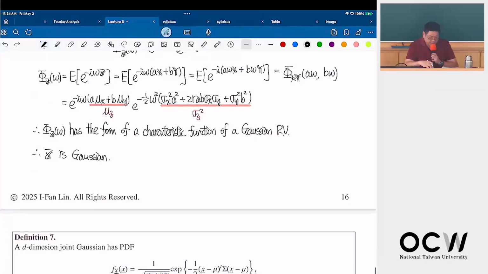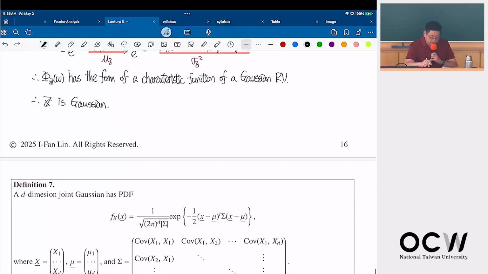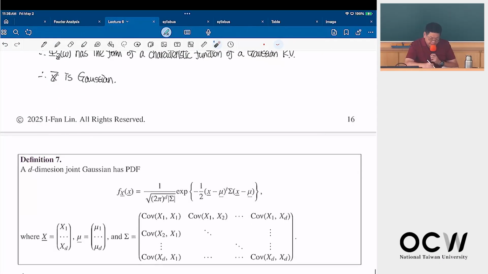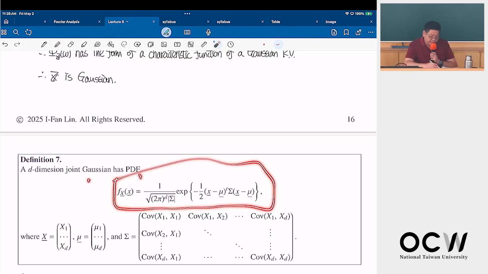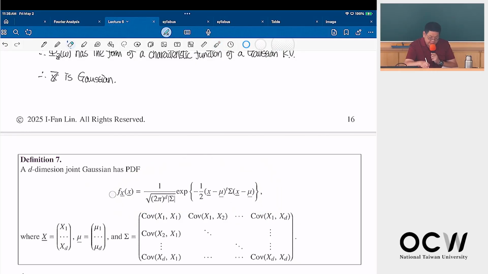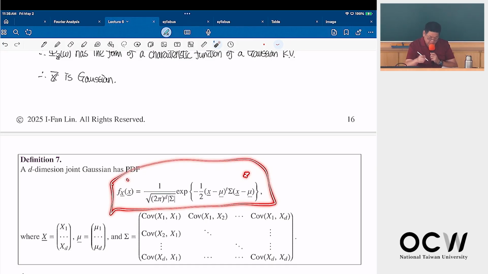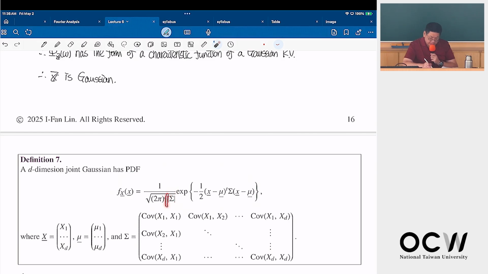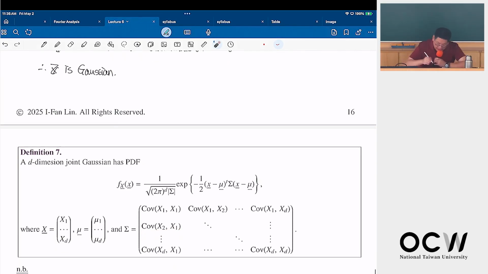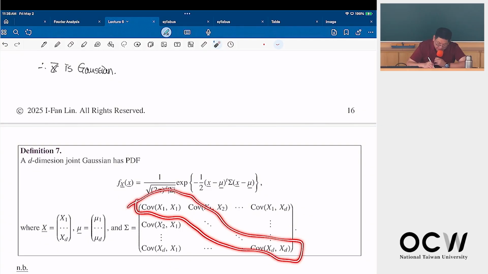Okay, last, if I have a D-dimensional joint Gaussian, here's the PDF. Rather than 2, I could have 3 or 4, even more, and this is the PDF. And for this covariance, sigma, it will be a matrix: the covariance of x1, x1, which is a variance, or the covariance of x2, x1, till the covariance of xd, x1. For the diagonal elements, this is the variance.